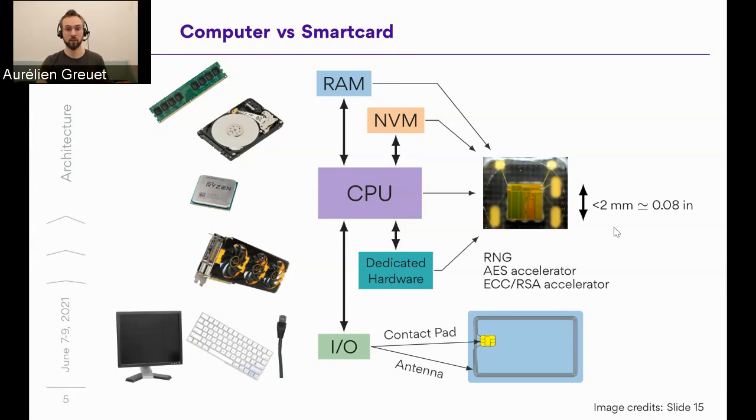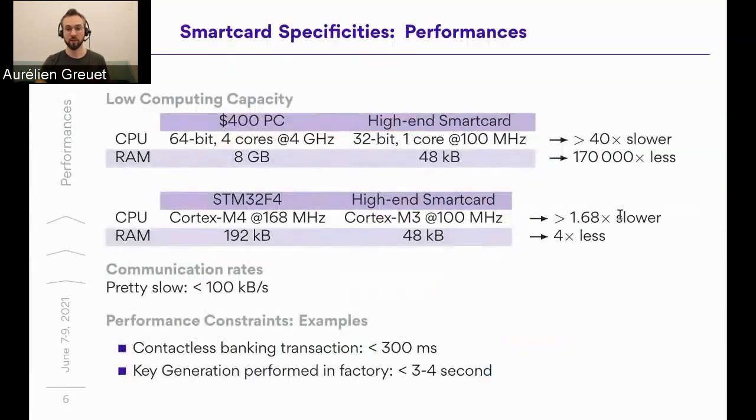So at high level, a smart card is similar to a computer, but in fact, its computing power is much lower. For example, if you take a $400 desktop computer, its CPU has 4 cores running at 4 GHz, while the high-end smart card has only 1 core running at 100 MHz. Then, if you look just at the frequency, it's 40 times slower.